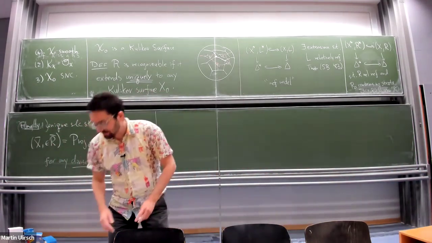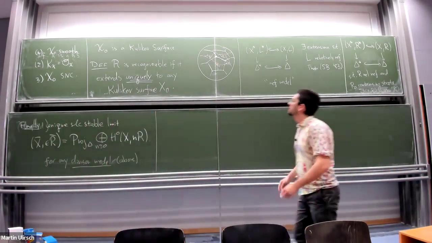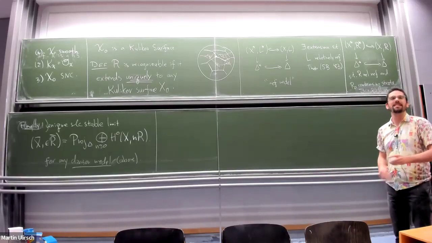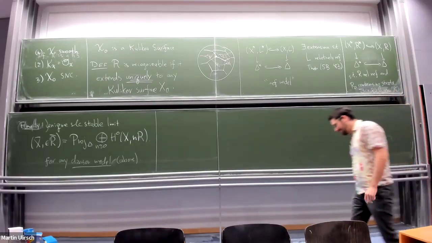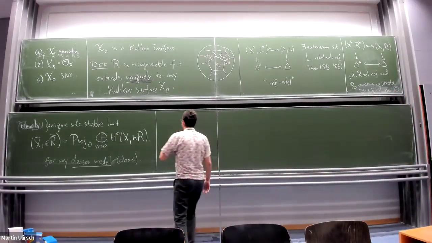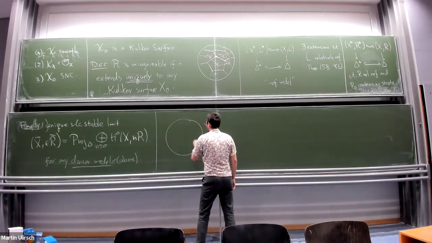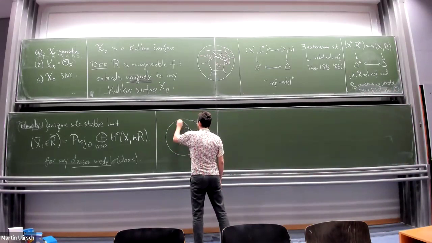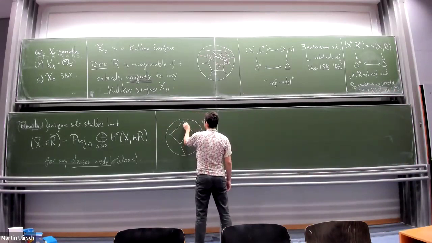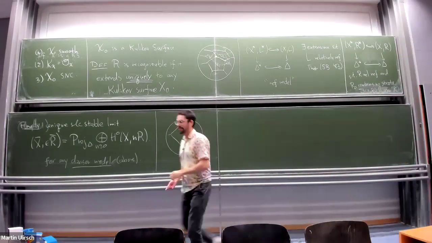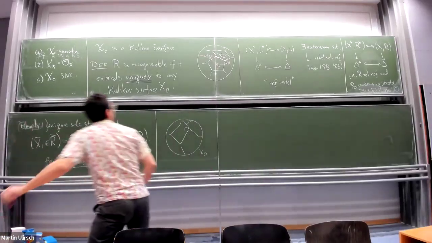In the definition of recognizable, do you mean that for any one parameter degeneration, you can fill in the central fiber somehow? Great, yeah, this is a great question. So we look at our X naught, and we have this triangulated thing, and we have some divisor R naught, which I was using red for.